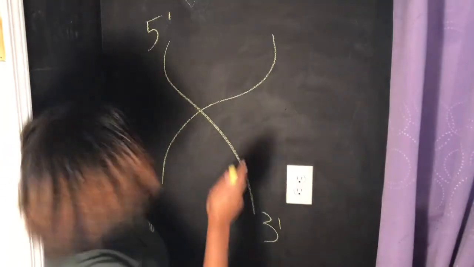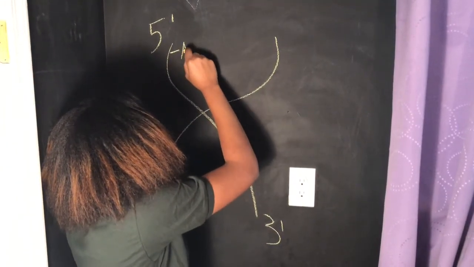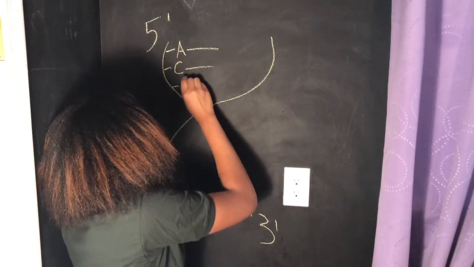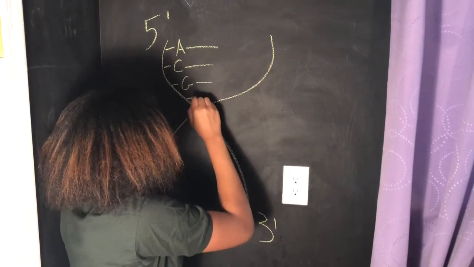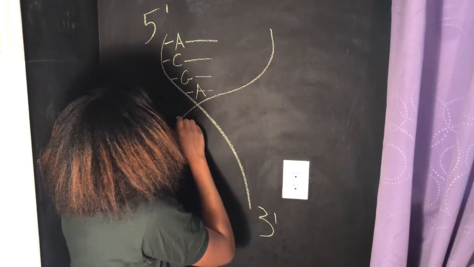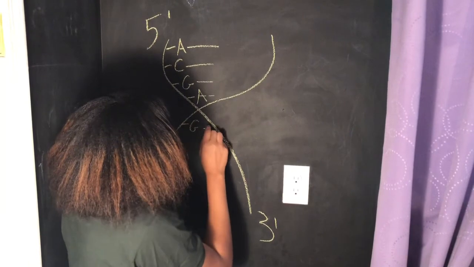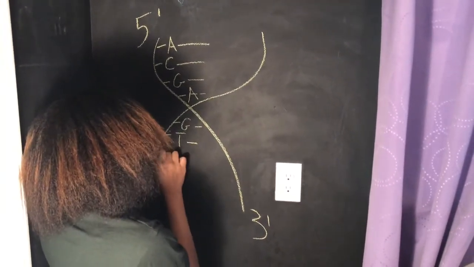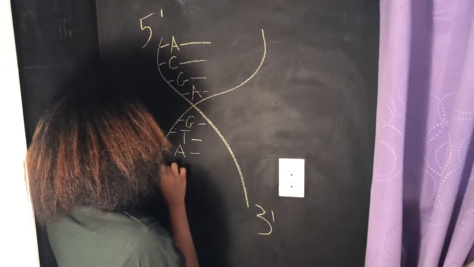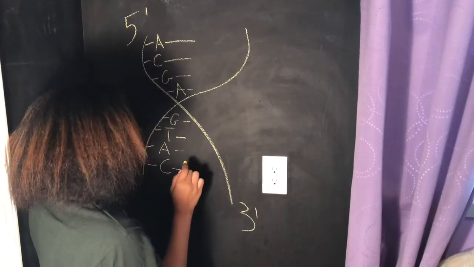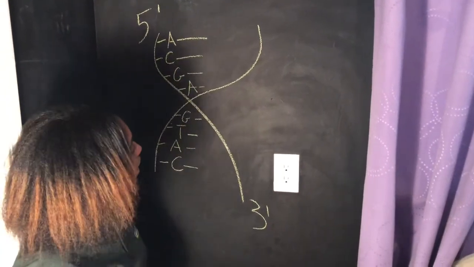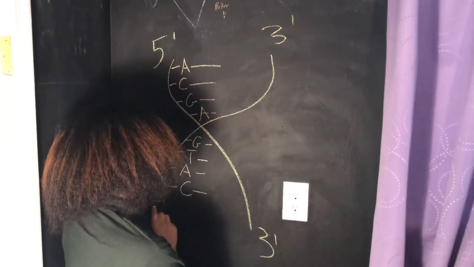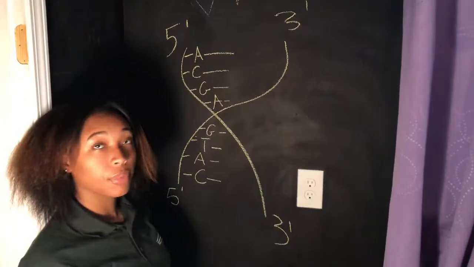Okay, so I'm going to start off with A right here, C, G, A, G, T, A, and C. Okay, now on this strand, which will be the 3 to 5 strand, I'll be writing the complementary bases.